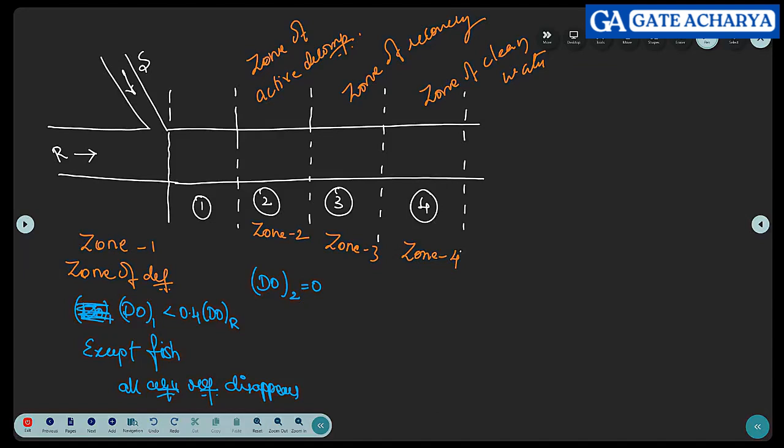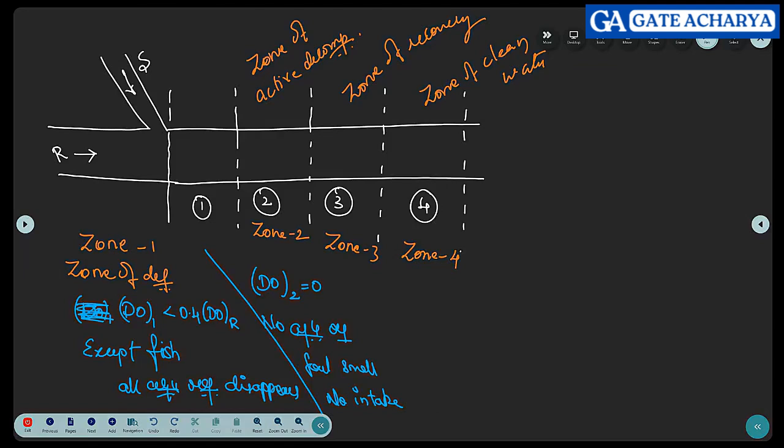Including fish, no aquatic organism is available in the zone. It produces foul smell. No intake is permitted in this zone. We should not even intake for any purpose.